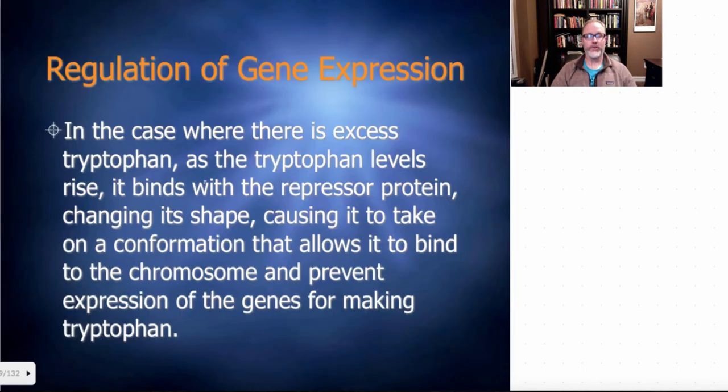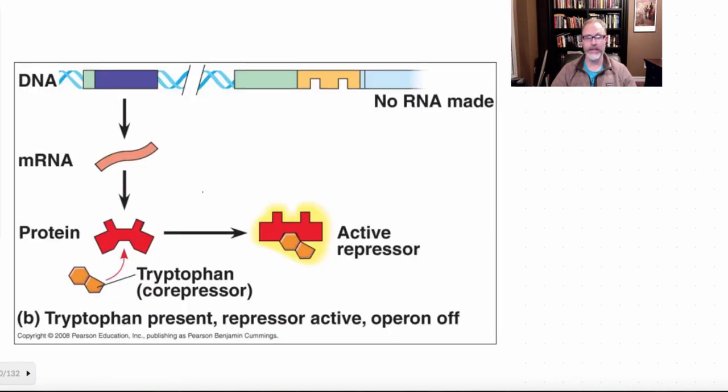So when tryptophan is in excess, we have lots and lots of tryptophan. It's going to act as a co-repressor. It's going to change the shape of the repressor protein, and it's going to prevent us from being able to manufacture tryptophan because we don't need it. So you can see here, when we get high levels of tryptophan and it binds to this regulatory protein, we can see here when it's inactive, you can see this in this hypothetical little model right here.